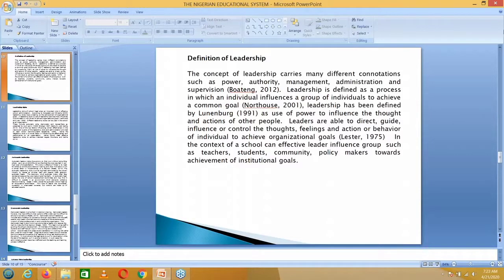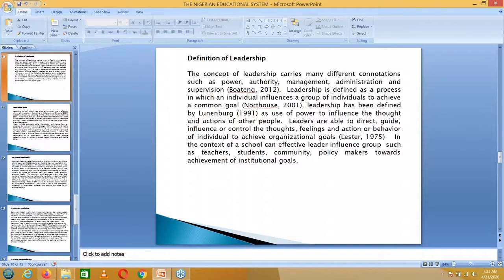Now, in every organization, there are always stated goals and objectives. You understand? Before you start a job with any organization, you should know the goals of the organization. It will be given to you. You will know the policy of the organization, and the rules and regulations guiding your conduct within the organization.